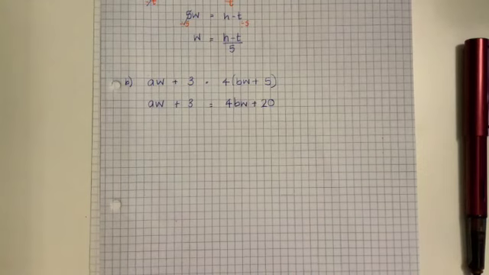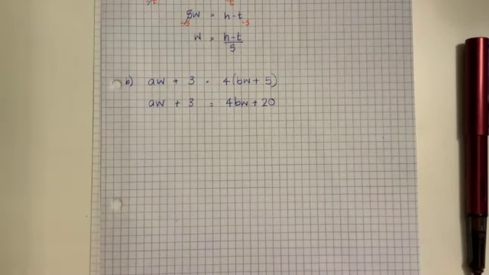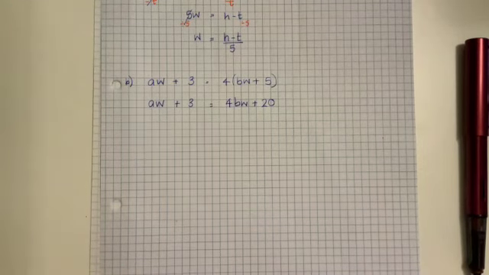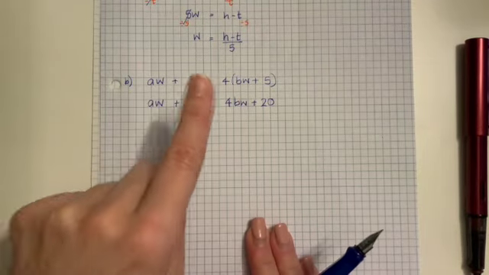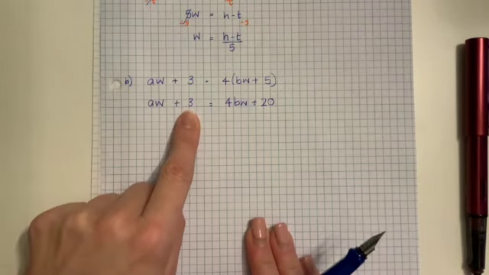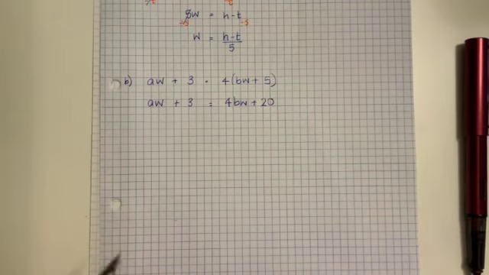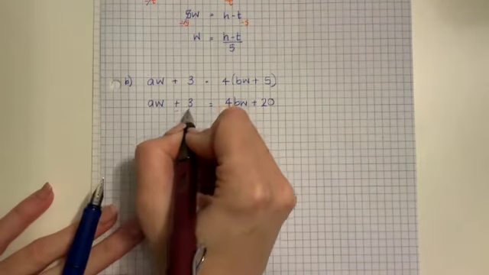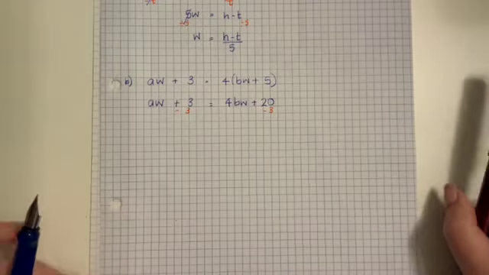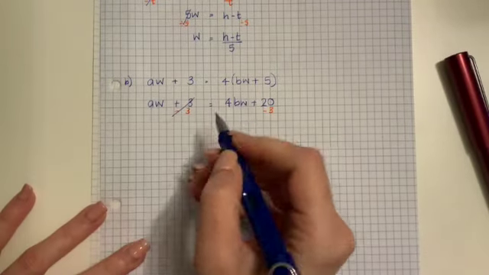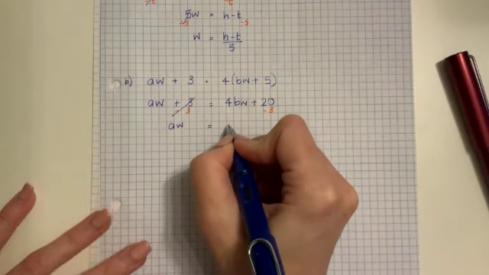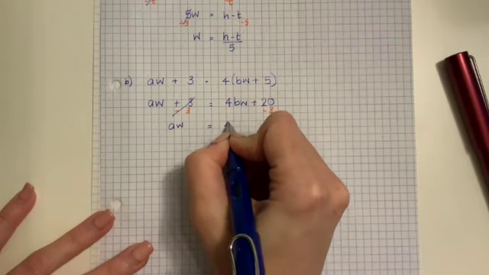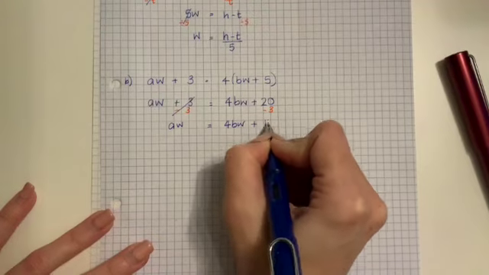Now what I need to do is get all the W's on one side. I'm going to put them all on this side. So I need to get this over here and I need to get rid of the 3. Let's get rid of the 3 first. I'm going to take away 3 from each side. That's nice and easy. So aw equals 4bw plus 17.